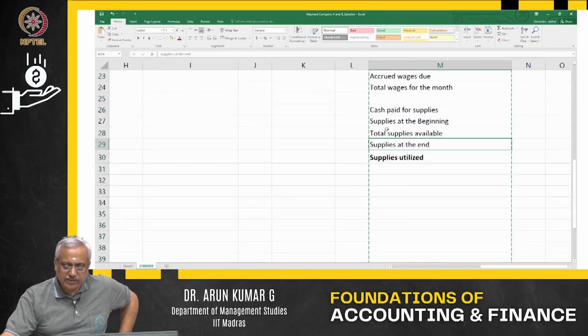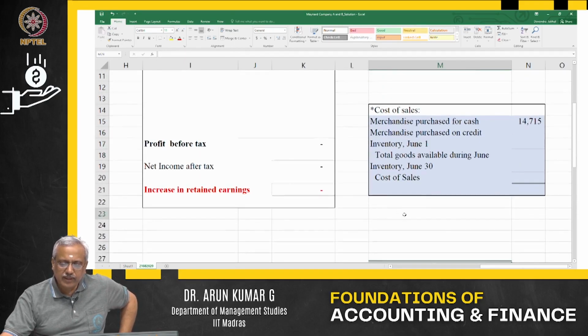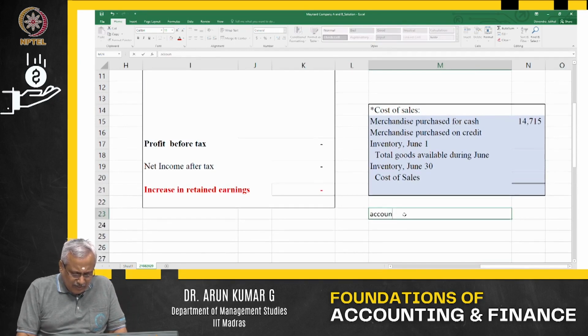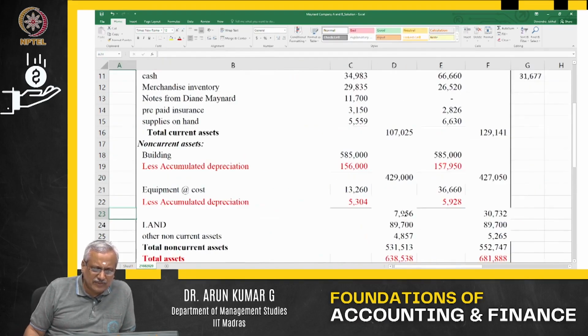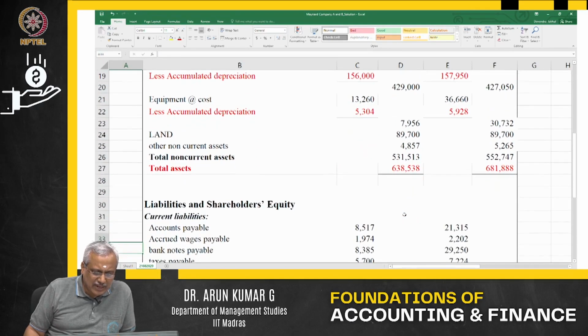I am just creating some space. What is the accounts payable as of June 1st? If I look at my accounts payable as of June 1st, I am going to get to my current liabilities. Accounts payable as of June 1st is 8517.